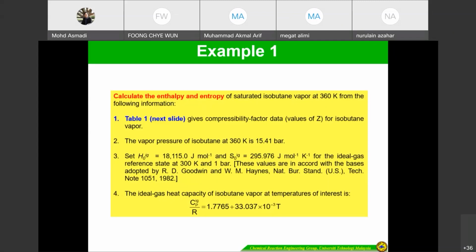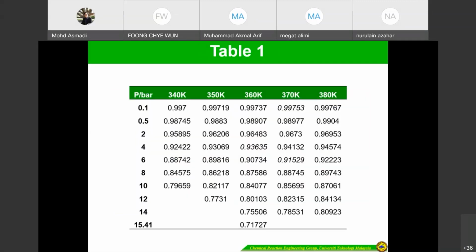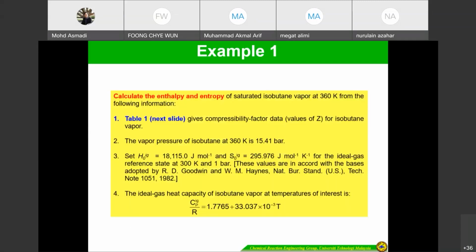Set delta H naught ig 18.115 kilojoule and delta S ig 295.97 joules. Ideal gas reference state at 300 Kelvin and 1 bar. And the ideal heat capacity is given already. So what you have to do is, the data is also given.